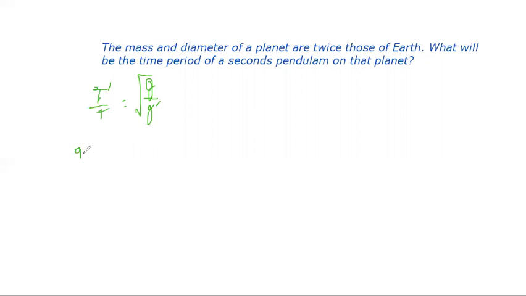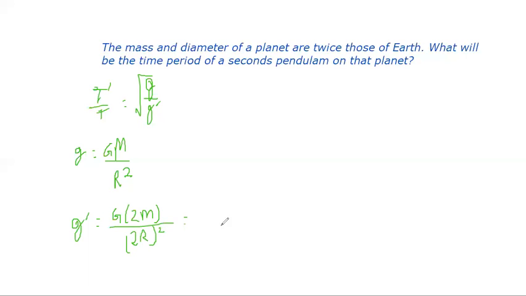We know that g is the acceleration due to gravity on Earth and it is equal to GM by R square. And g dash is the acceleration due to gravity on another planet, and g dash is equal to G into 2 times M by 2 times R square.